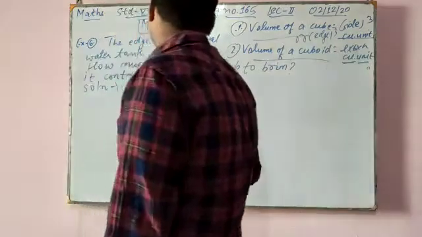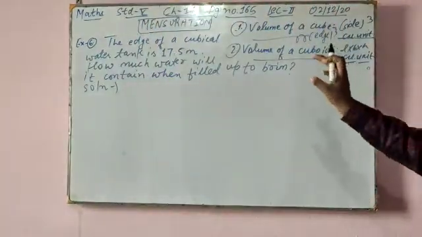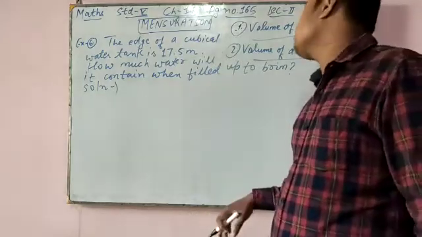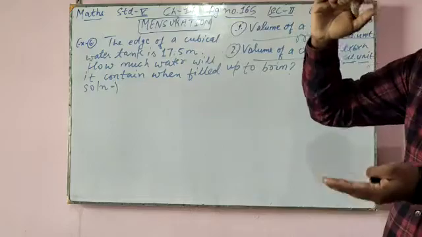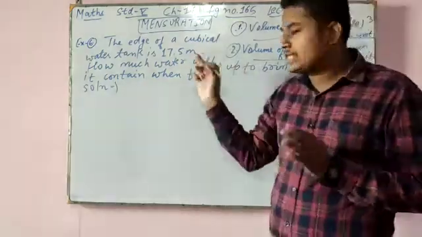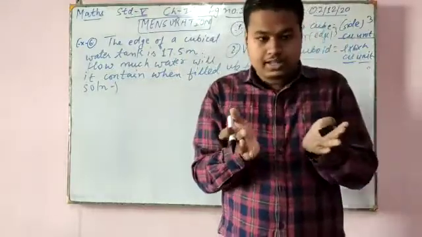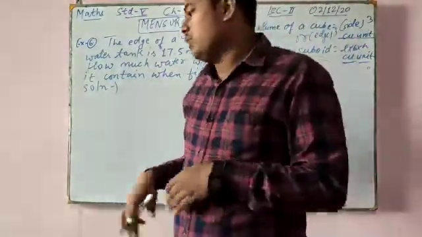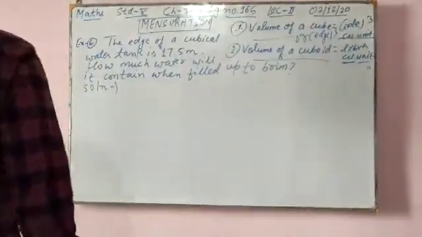Means there is a water tank. Now the edge of the cubical tank is this much. Now how much water will it contain when it is filled till the top, till the brim? So the question is, when it comes to the brim, how much water will it contain?